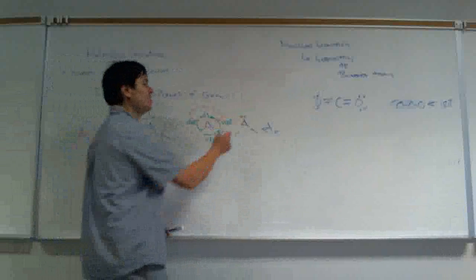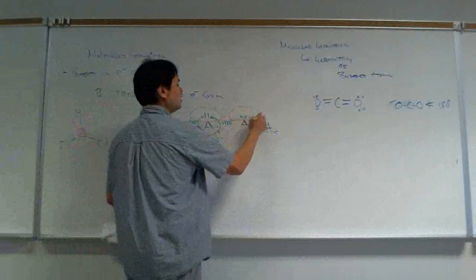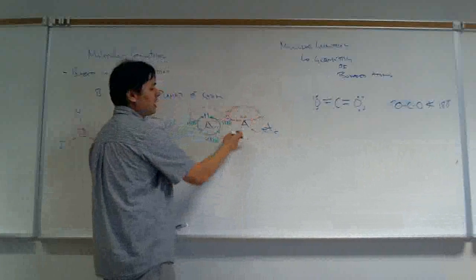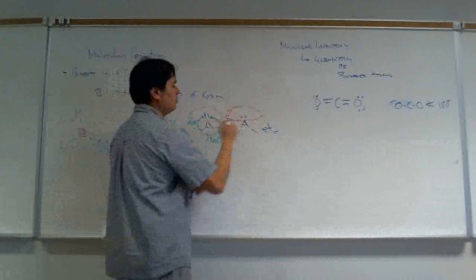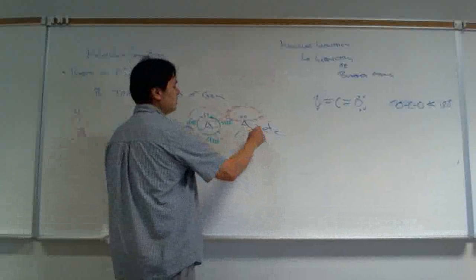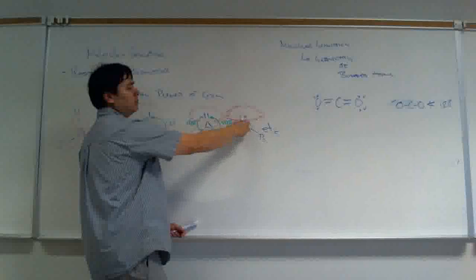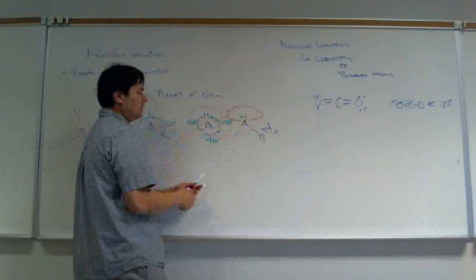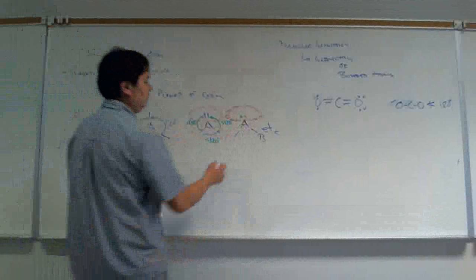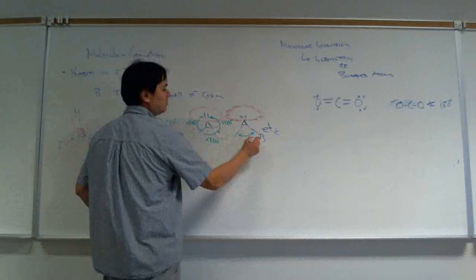And so what happens is the lone pair generates big repulsions with the other electrons, because the lone pair is concentrated on just atom A, whereas the bonding pair is being pulled between atom A and atom B. And so this creates bigger repulsions between these two groups, meaning that this angle here is going to be less than 120.